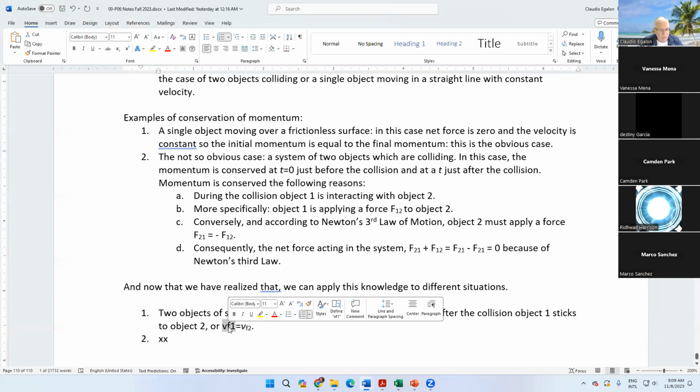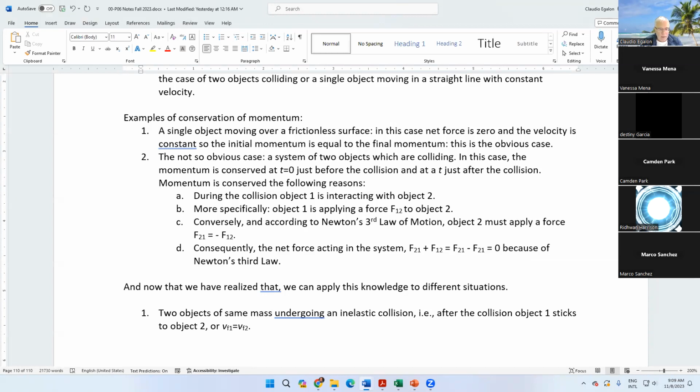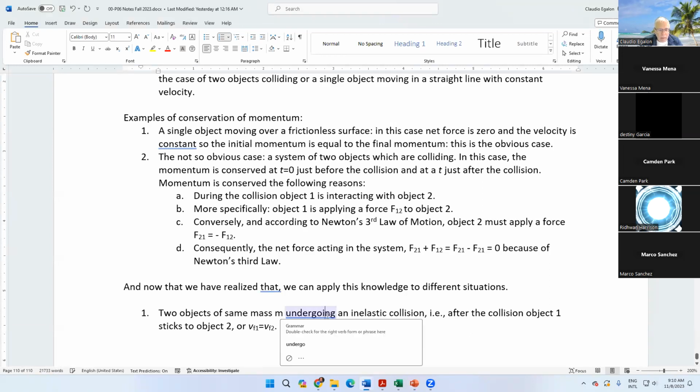Final of 1 and final of 2. Same mass M, undergoing a collision.